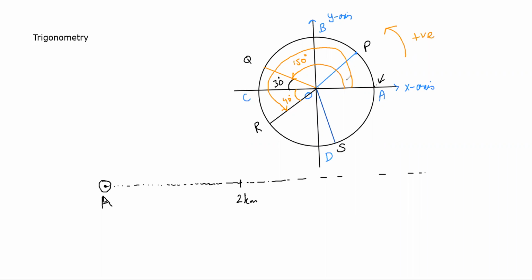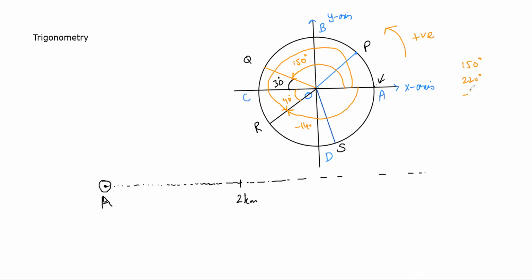Now, when you determine the angle from the positive x-axis, this angle of 150 degrees or this angle of 220 degrees, for example, you can tell its position as minus 140 degrees as well.